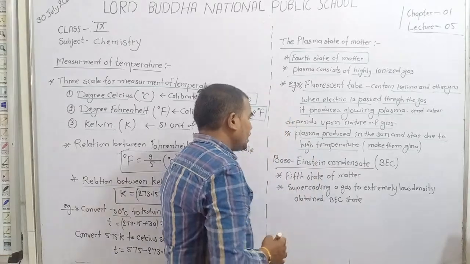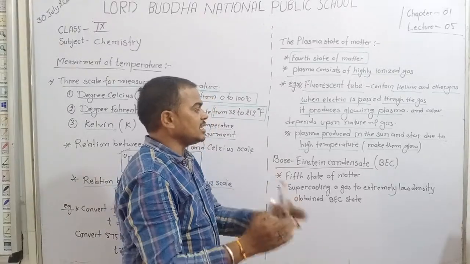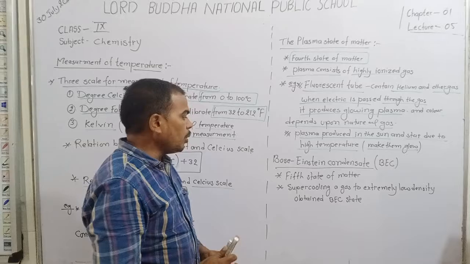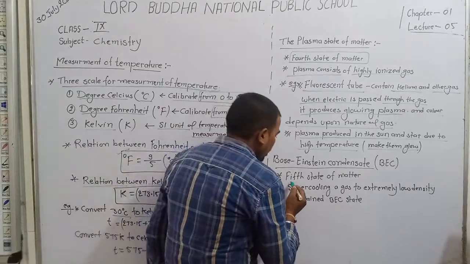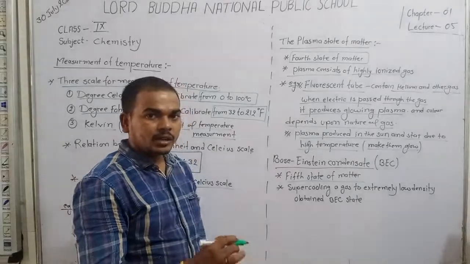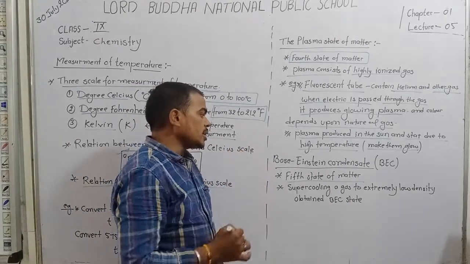Next is the Bose-Einstein condensate, that is BEC. The Bose-Einstein condensate is the fifth state of matter.